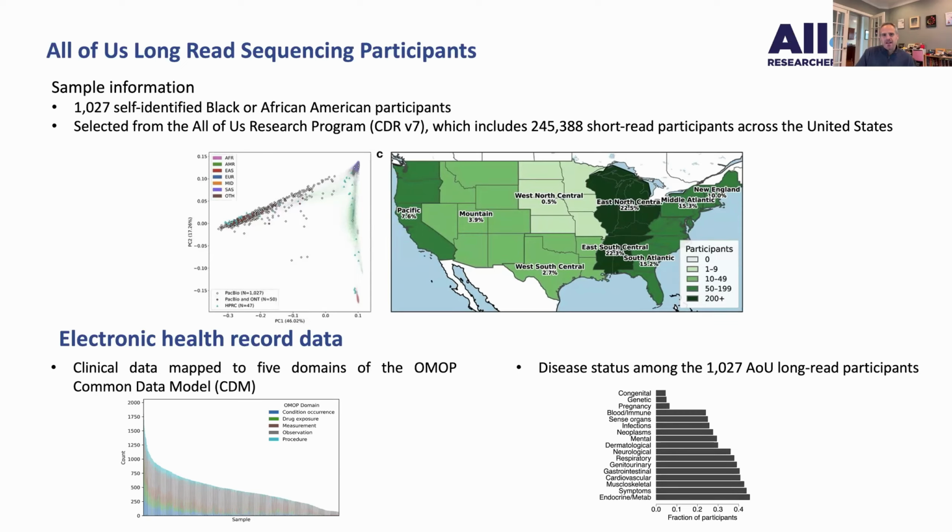These, by design, didn't come from just one geographic region. By design, we tried to select people geographically distributed around the United States so we can really have a comprehensive resource of all their genetic background, and also access to different hospital systems, different EHR data that would be available there.